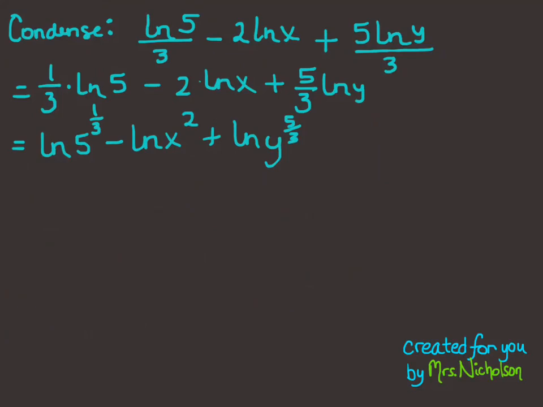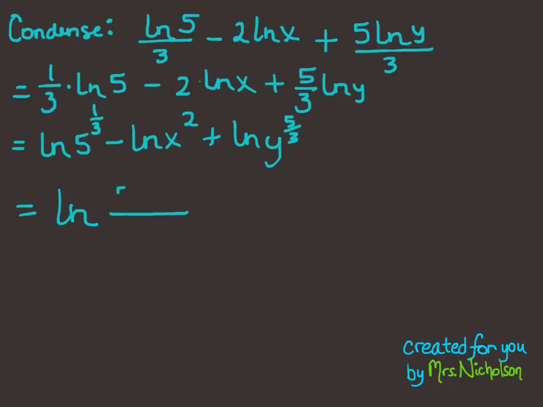Now we're ready to apply our product and quotient properties and combine all this together into one log expression. Natural log, now here I have 5 to the 1/3 minus the natural log of x squared. If I'm subtracting exponents, that means we must be dividing.